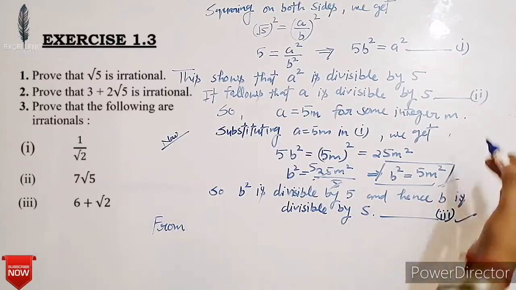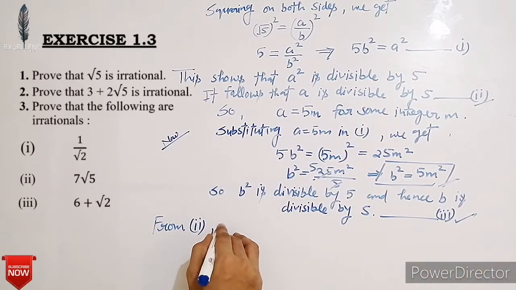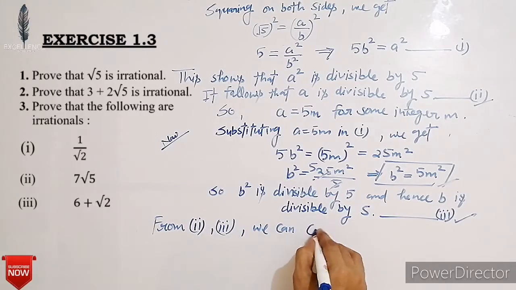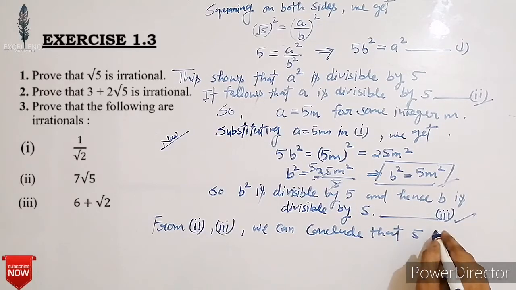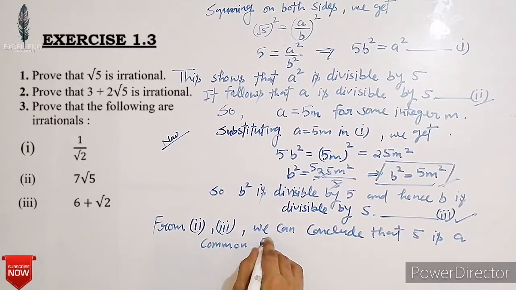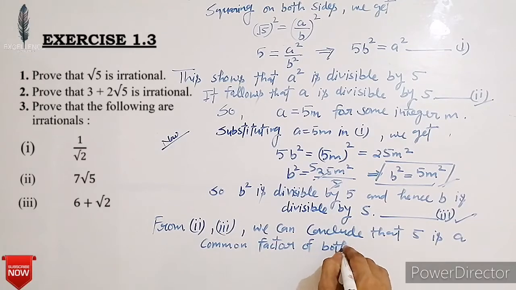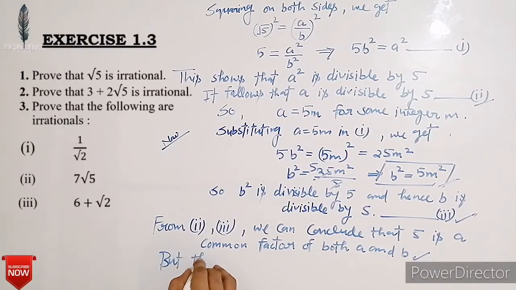So here from equation second and third we can conclude that 5 is a common factor of both A and B. Where B is divisible by 5 in equation third and A is divisible by 5 in equation second.